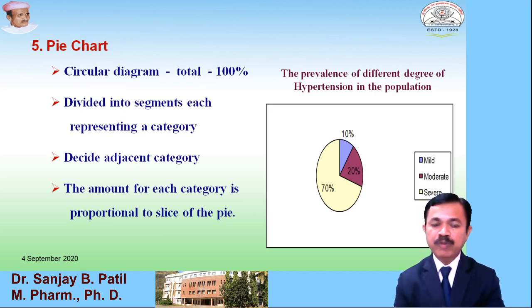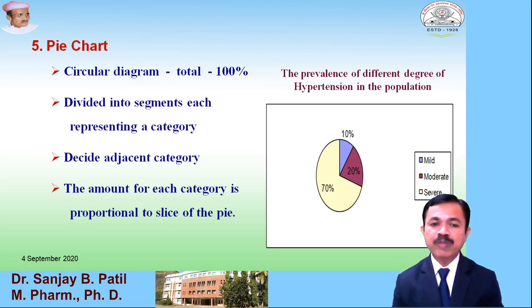So we have to divide the percentage into appropriate segments which will represent each category included in the data. For example, the prevalence of different degrees of hypertension in the population is to be presented in the form of a pie chart. At that time, whatever the number of patients with hypertension, that is considered as 100%, and the angle of a circle is 360 degrees.